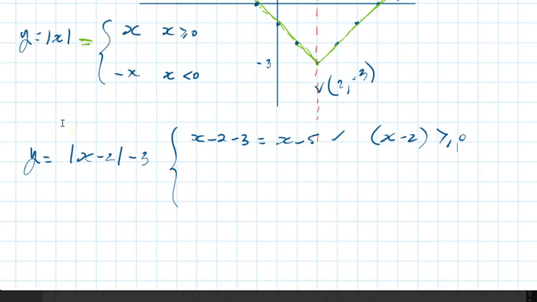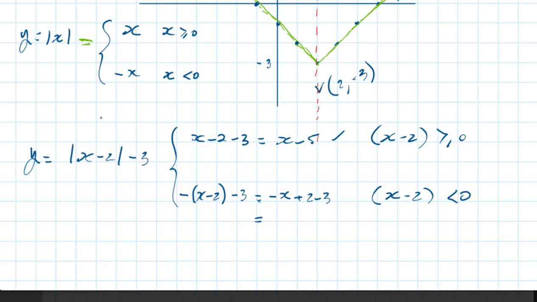The next part is: what if x minus 2 is less than 0? That means the inside is negative. The absolute value makes it positive. That means you have to take the negative of x minus 2, minus 3. And then you do the math. When you do the math, you get minus x plus 2 minus 3.